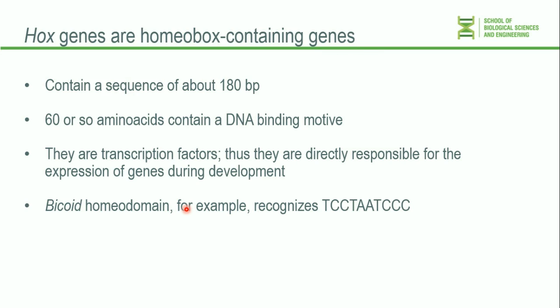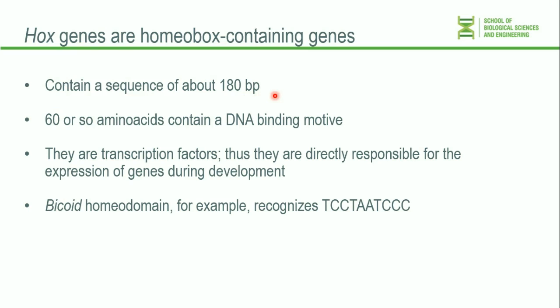Wow. Okay, now a note about Hox genes. Hox genes, like all homeotic genes really, are so-called homeobox containing genes. The homeobox is actually a sequence of DNA of about 180 base pairs.